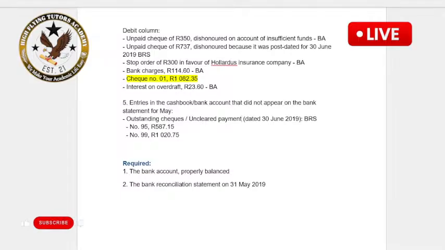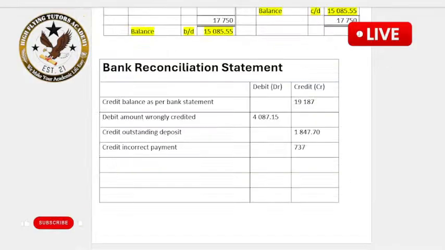So we're just going to say in our answer sheet, uncleared payments, and then we open brackets there, and then let's go and check.